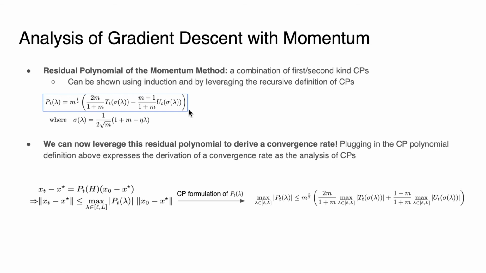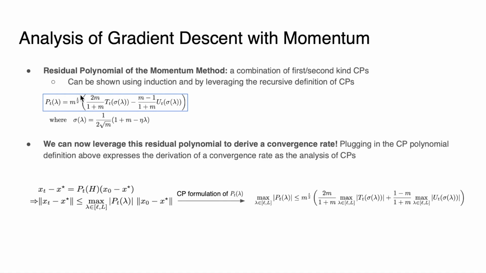So now that we have this expression for our residual polynomial, we can leverage this to derive a convergence rate. Again, we begin with the expression that shows that our error at the tth iteration is equal to a product of our residual polynomial with our error at initialization. Then, by invoking norms on both sides and using Cauchy-Schwarz, we can arrive at a familiar expression that frames our convergence rate as the analysis of our residual polynomial.